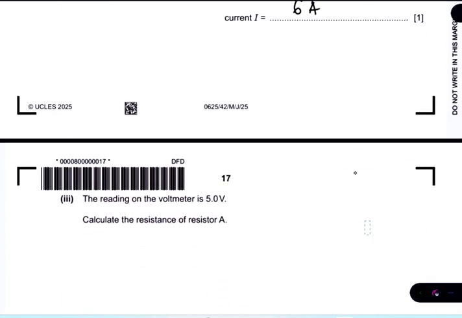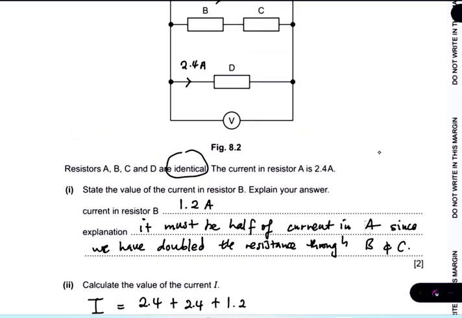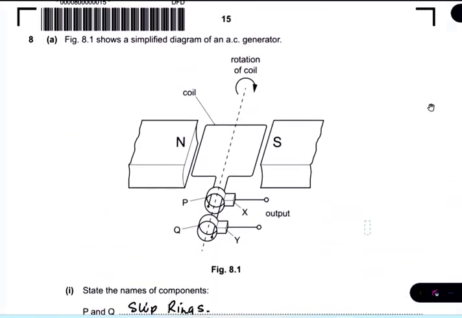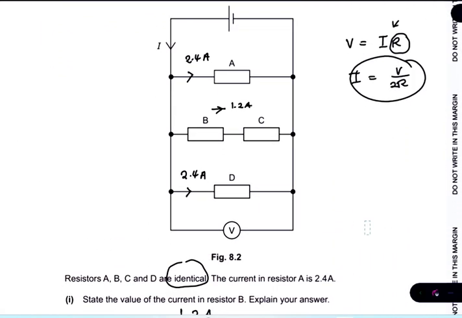Alright, let's go down. The reading on the voltmeter is 5 volts. Calculate the resistance of A. If you go back to the diagram, we are told that we have 15 volts. So we have 5 volts here, 5 volts on this one, between these two is also 5 volts, and we also have 5 volts there.